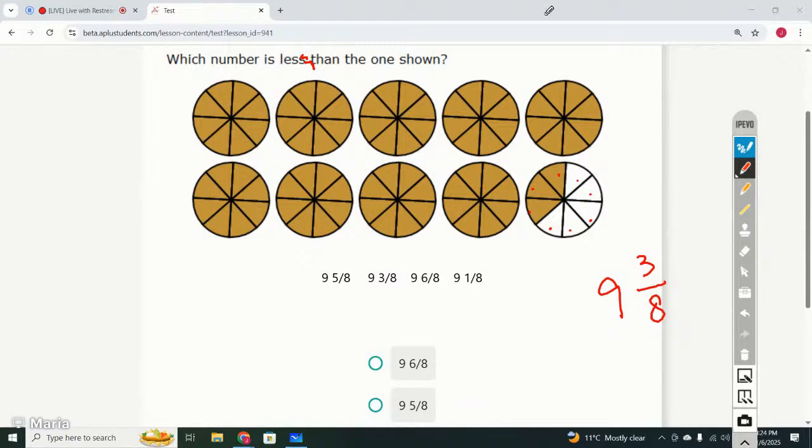So the correct option is 9 whole 1 by 8.